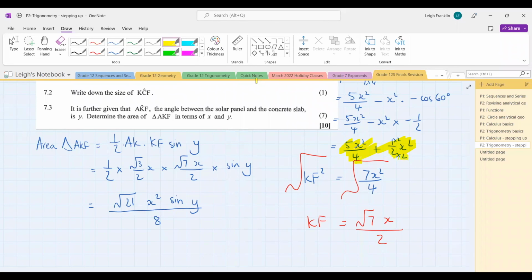So what I did to the bottom, I did to the top. So that's why I ended up with 5x squared plus 2x squared over 4. Okay, and that's where the 7x squared over 4 came from. And then I took the square root on both sides, and that's why I ended up with root 7x over 2.